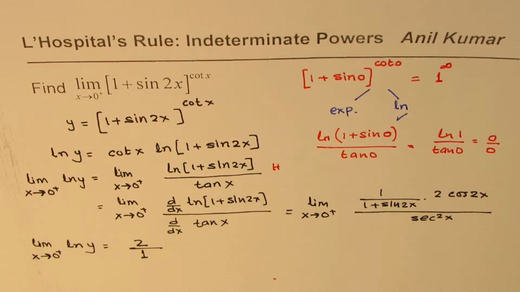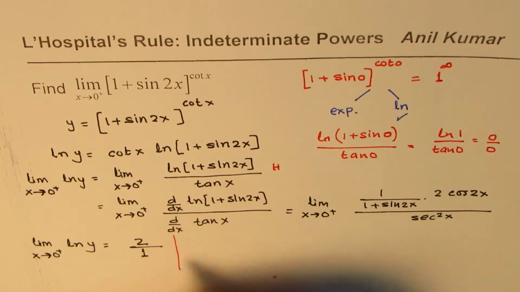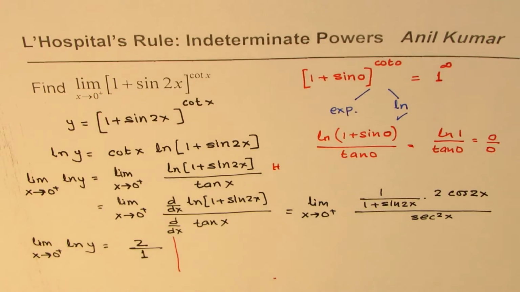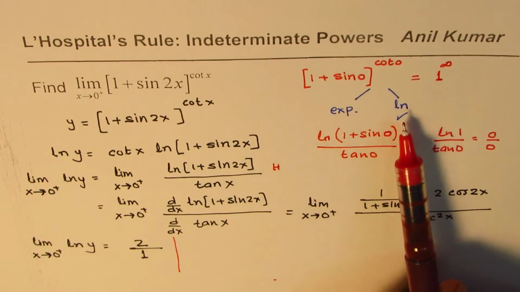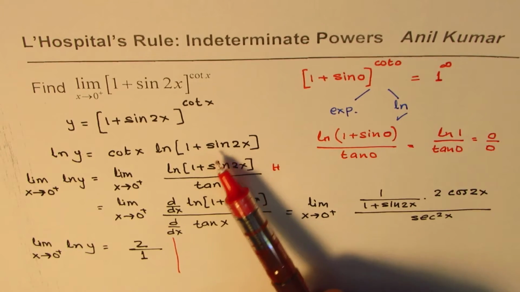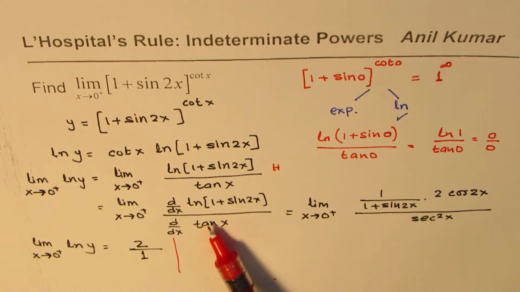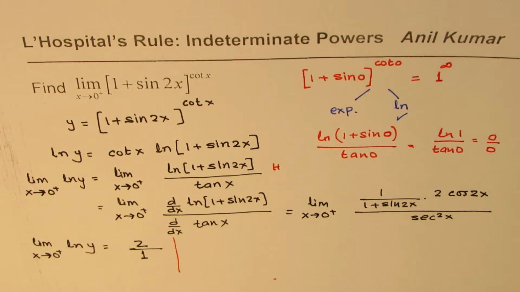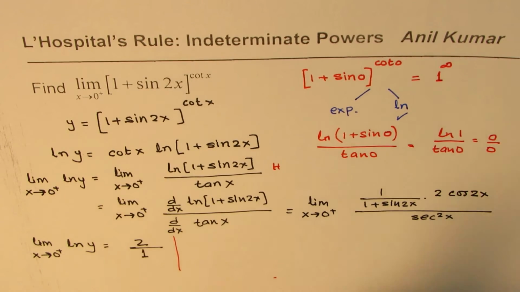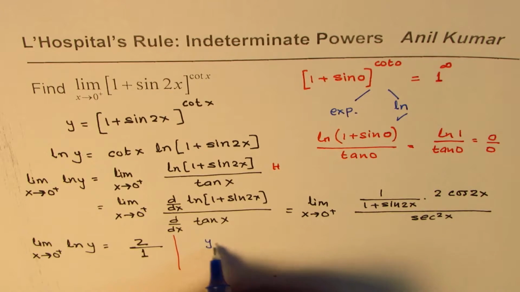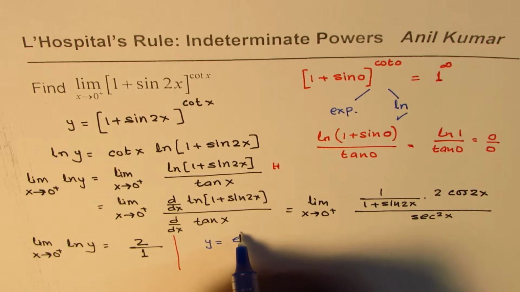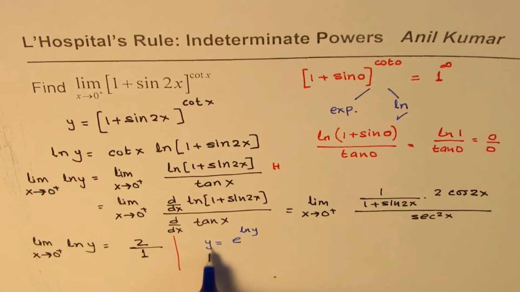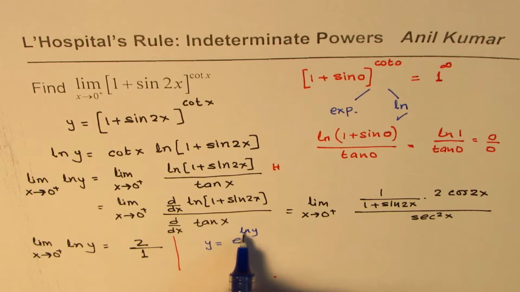So we have found the limit for ln y. We need to find the limit for y, not ln y, right? So this strategy helped us to simplify the solution and get a part of it. Now, what is the limit of this function? To find that, y can be written as e to the power of ln y, right?